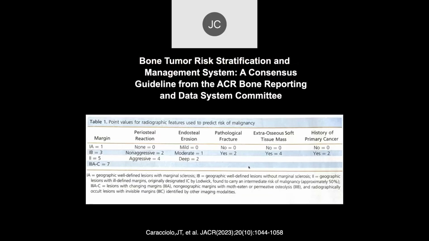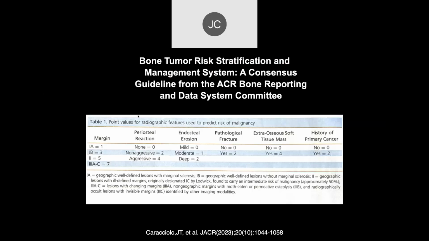So let's now talk a little bit about this paper that came out in the Journal of the American College of Radiology, which is basically a review of things that you already know, but it kind of puts them into a classification that I think can be useful. It was entitled Bone Tumor Risk Stratification and Management System, a consensus guideline from the ACR Bone Reporting and Data Systems Committee.